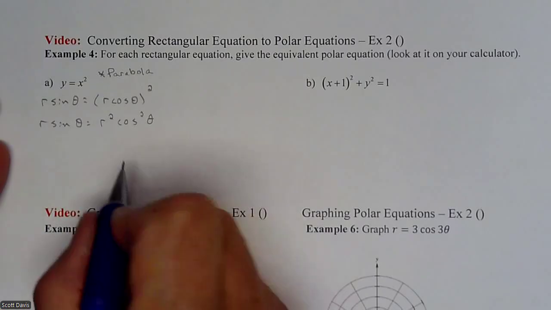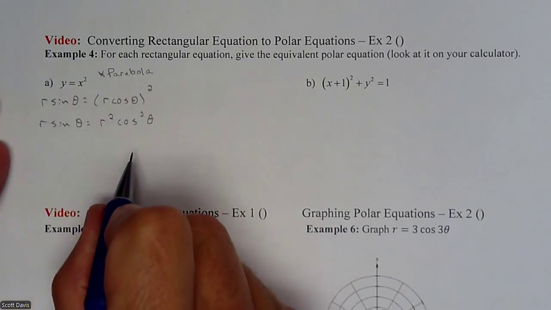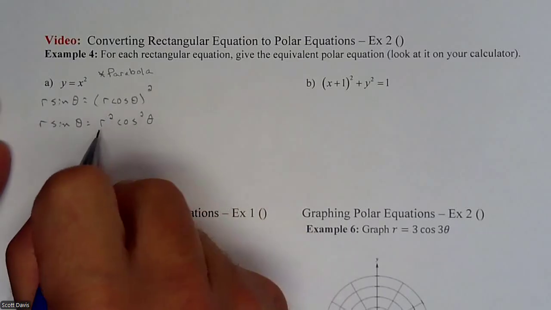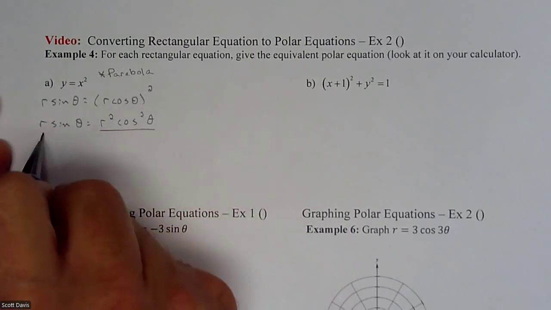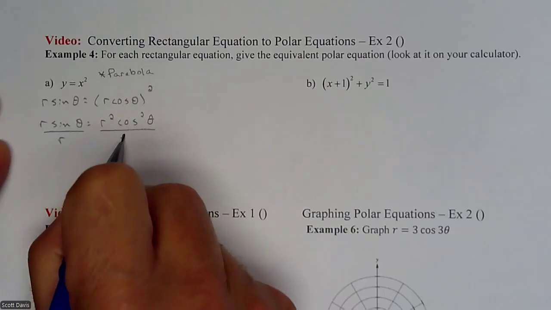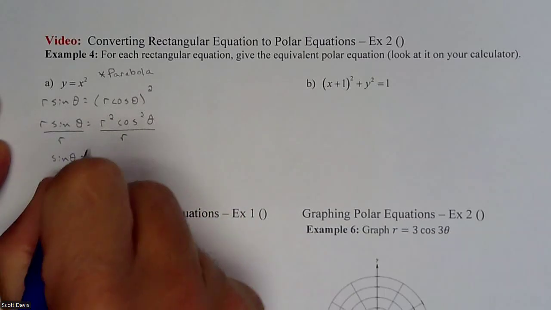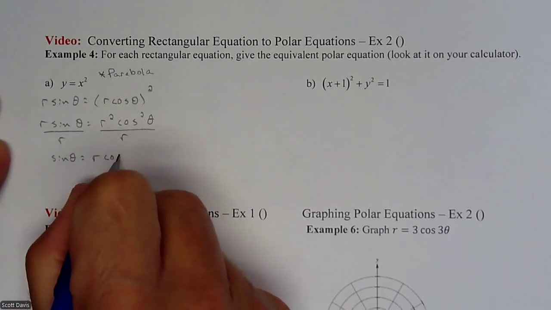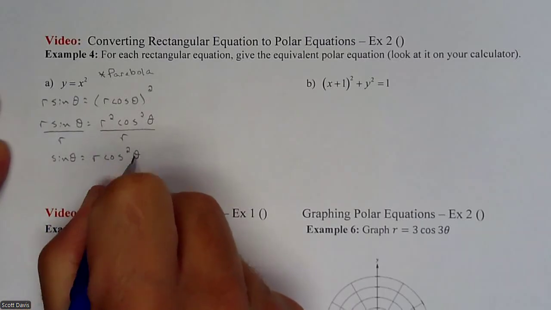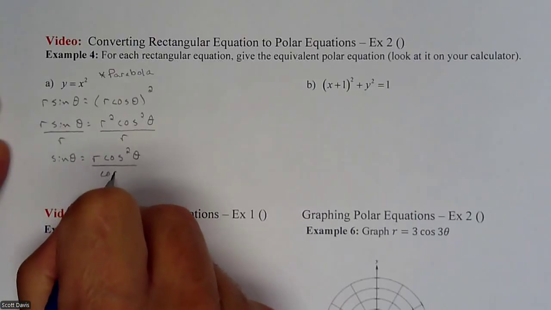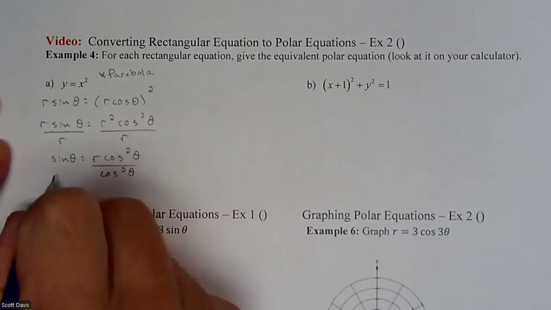So to solve for r, there's something that we're going to do that's not going to feel like we're heading in the right direction. We are actually going to divide both sides by r. So that would leave sine theta equaling r cosine squared theta, and we'll divide by cosine squared to get r by itself.